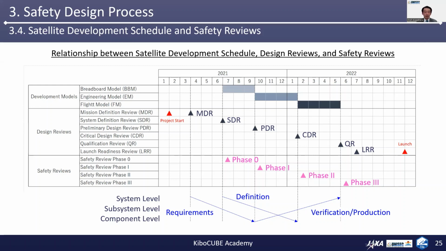As discussed in the previous slide, the requirements definition activity starts at the early phase and ends at the preliminary design review. The system definition phase starts at the SDR and ends at the CDR. So as indicated, both of these activities are conducted in a top-down manner from the system to subsystems and components.